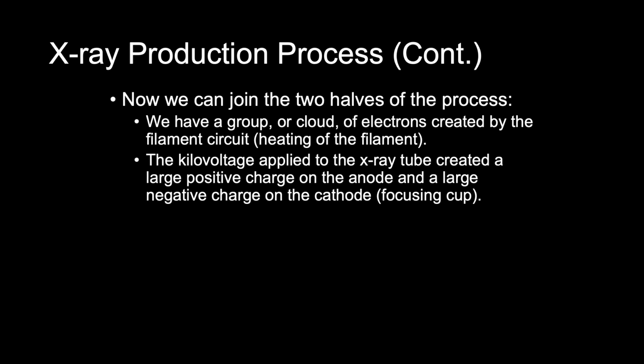So now we can join the two halves of the process. A group or cloud of electrons is created by the filament circuit by heating the filament, and that's called the electron cloud. The kilovoltage applied to the X-ray tube creates a large positive charge on the anode and a large negative charge on the cathode where the focusing cup is.